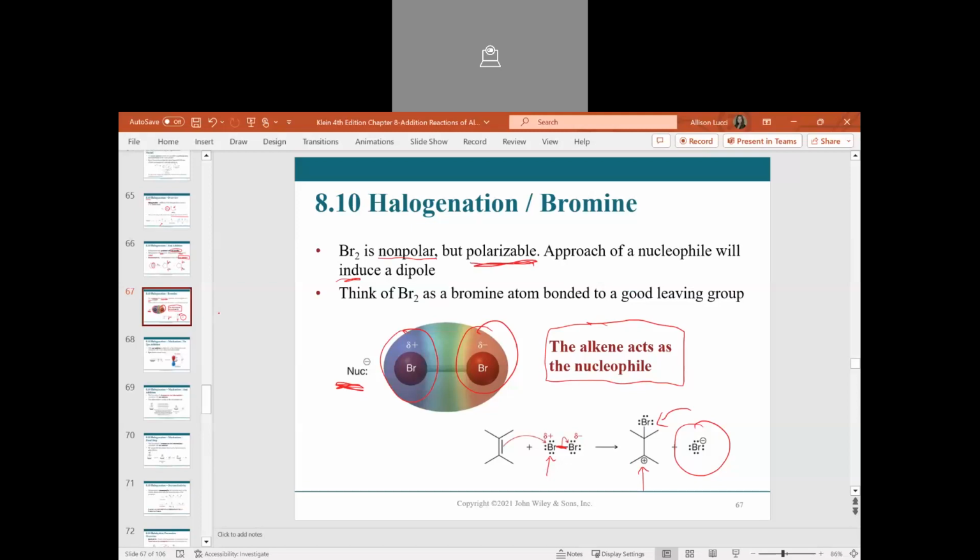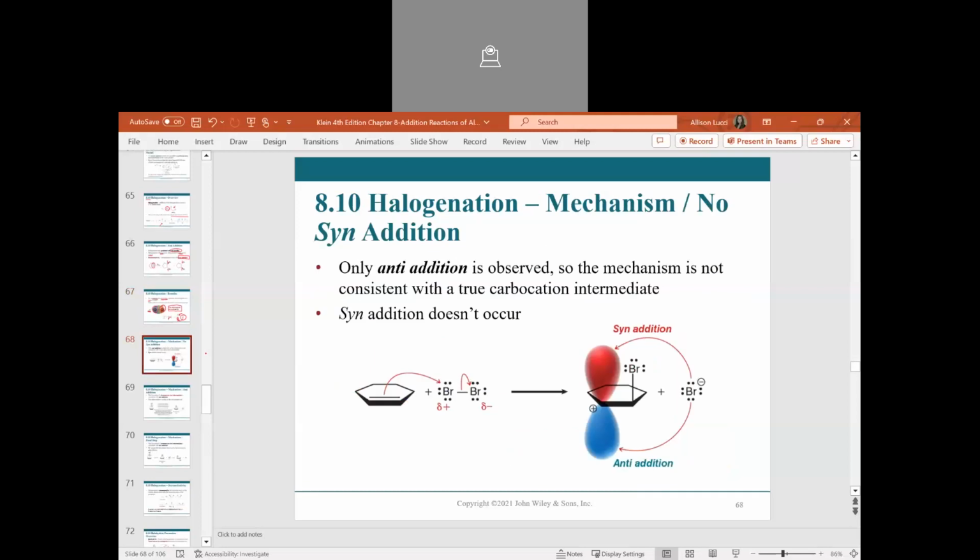Hold on, let's see here. So that would add onto this spot, with the second addition. When we have a cyclic structure like this, we're going to see that syn addition doesn't occur.